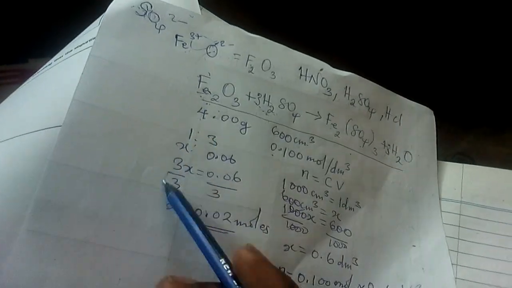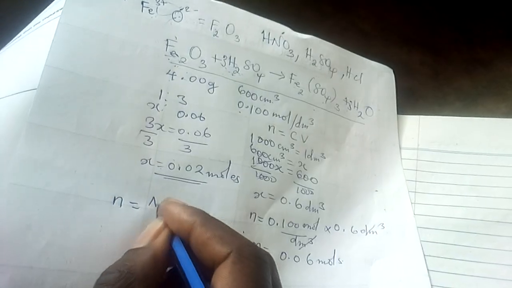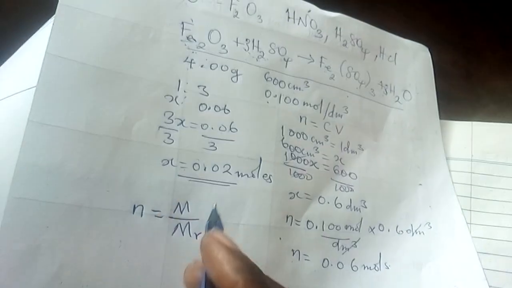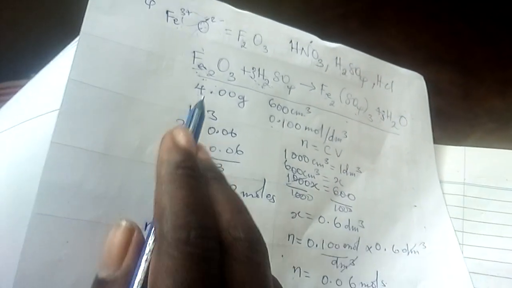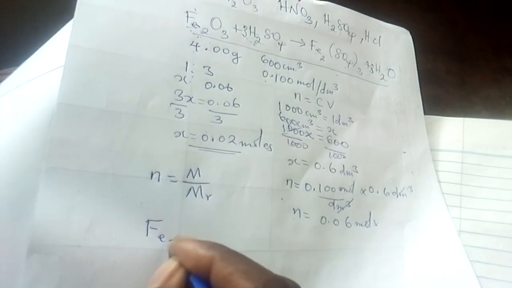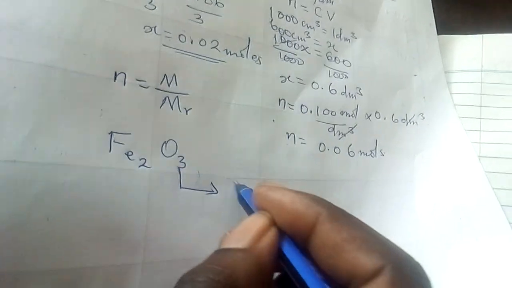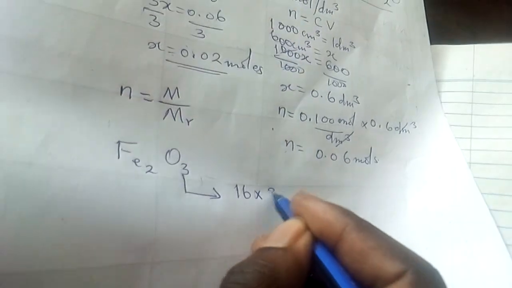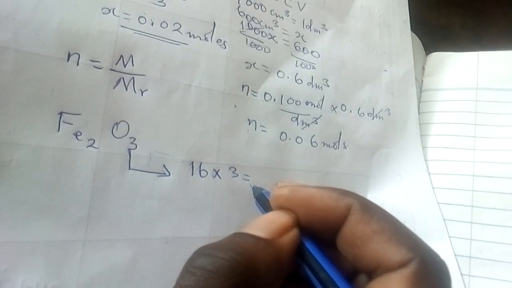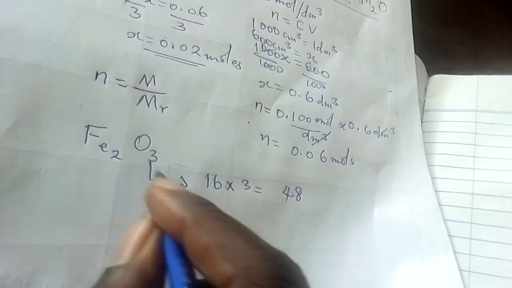But then they want us to find the mass. So we can use the formula to say number of moles equals to mass divided by molar mass. But the molar mass of this, we need it. Oxygen is 16, then times 3, which will give us 48.